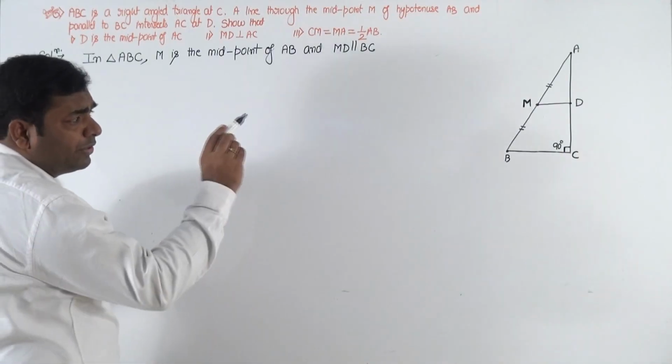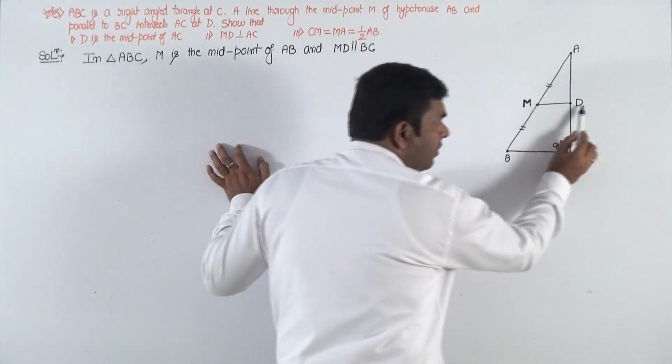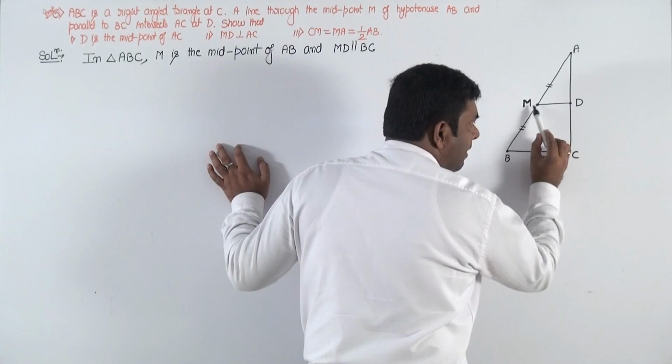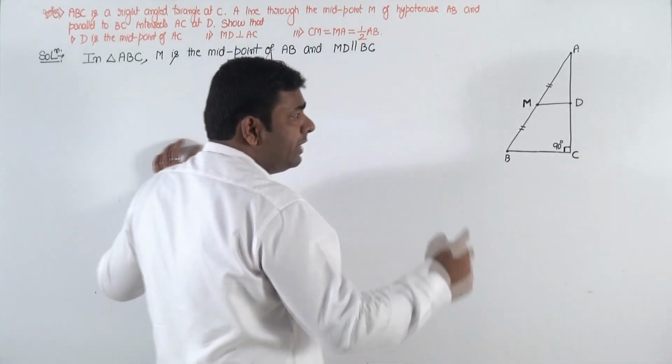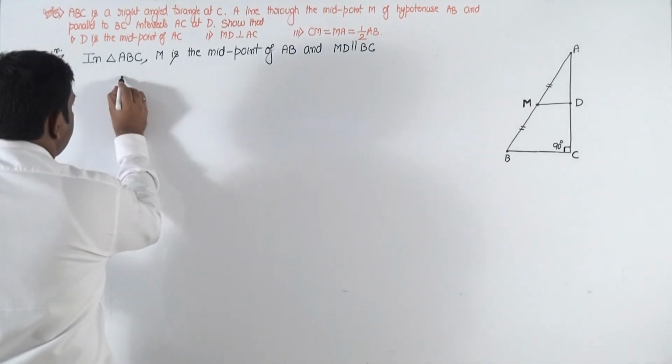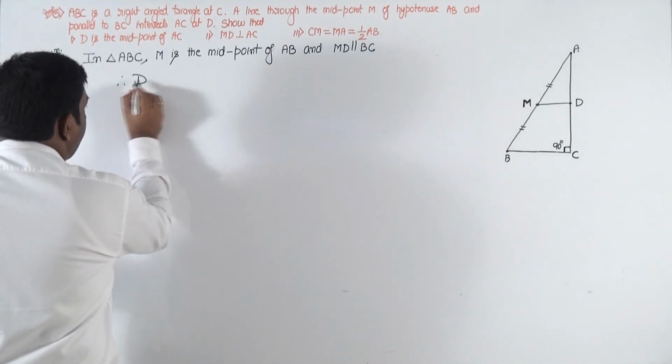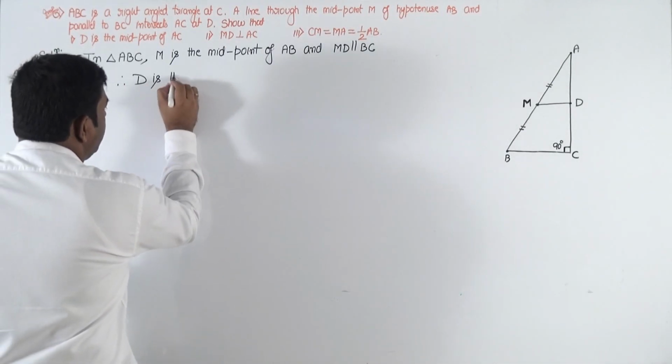A line drawn through the midpoint of one side parallel to the other side bisects the third side, therefore D is the midpoint.